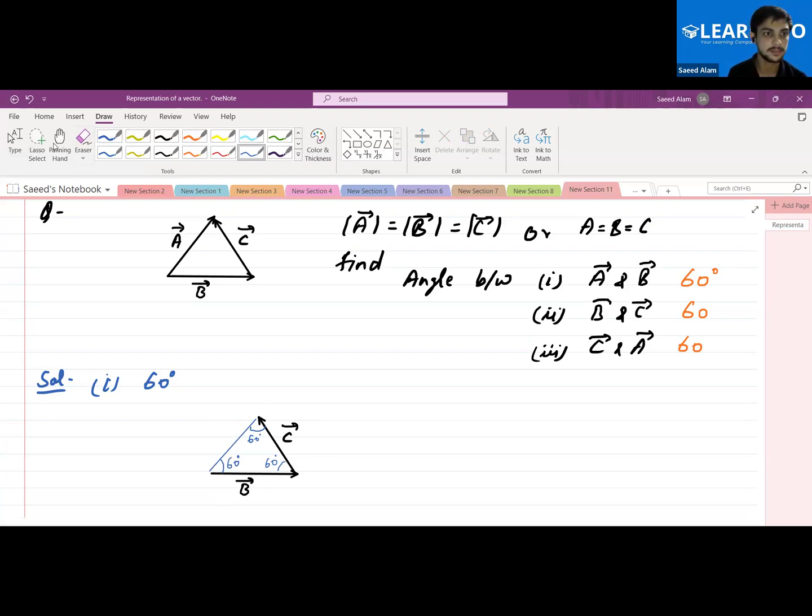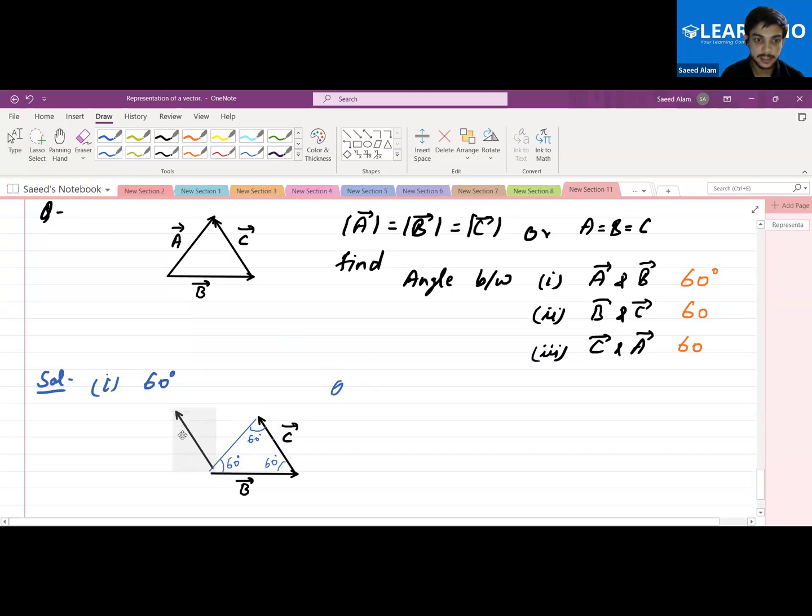Now let's take this C vector and shift it parallelly. Can you see that I'm shifting it parallelly? Yes.